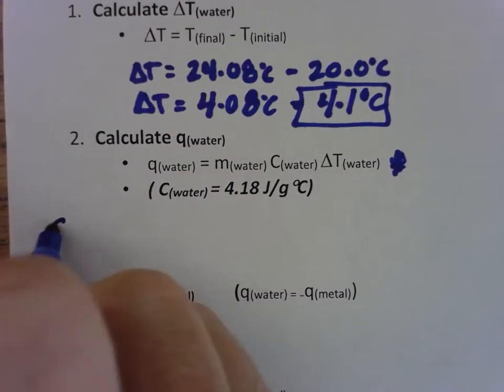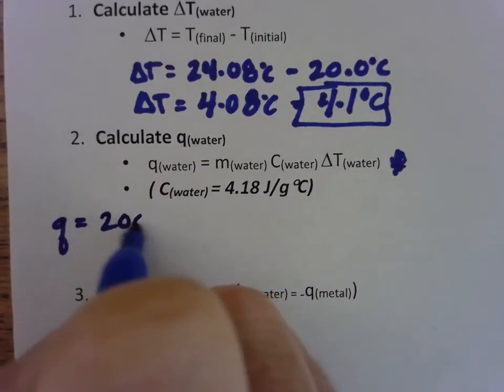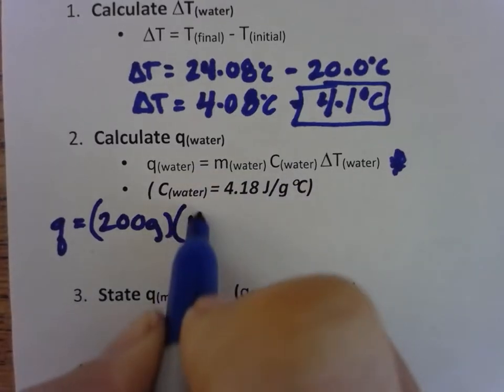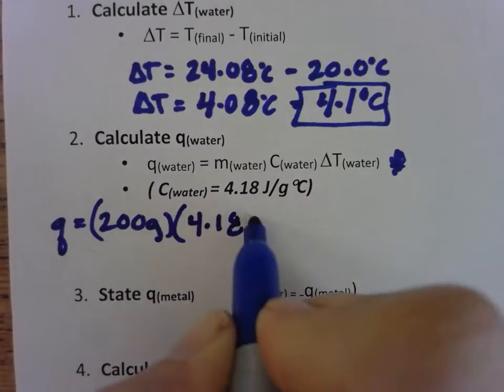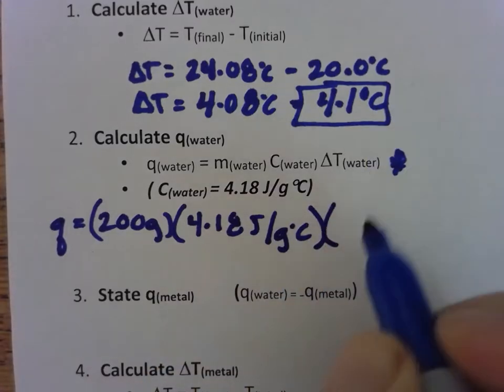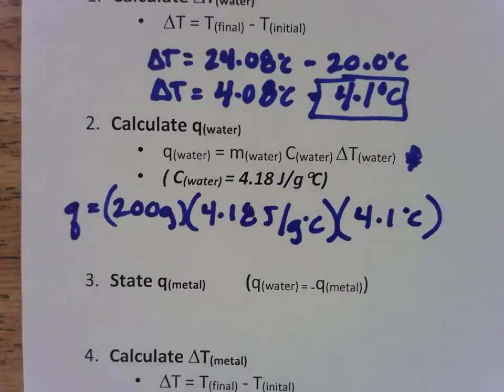So Q water is equal to 200 grams. The specific heat is listed here, 4.18 joules per gram degrees Celsius, and I just calculated my change in temperature. I am going to cancel out my like terms.